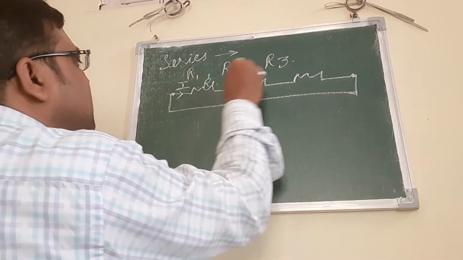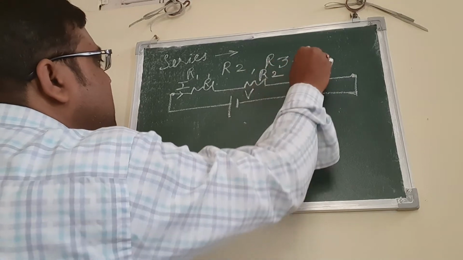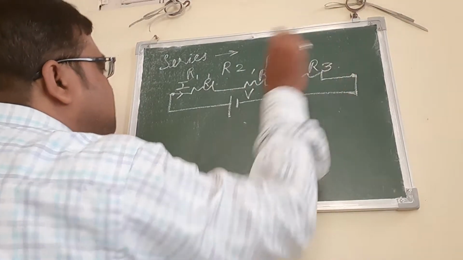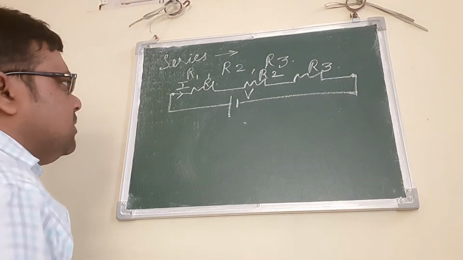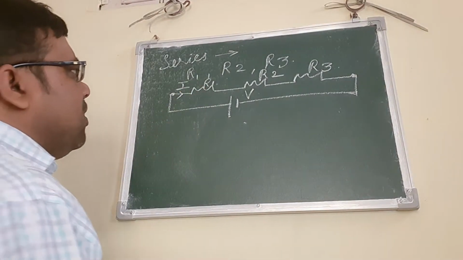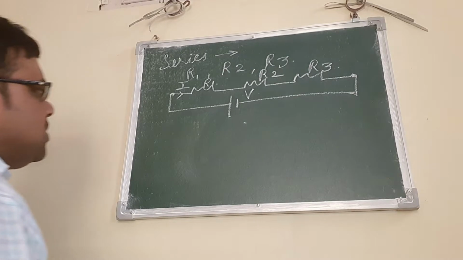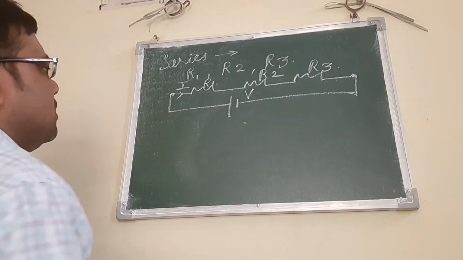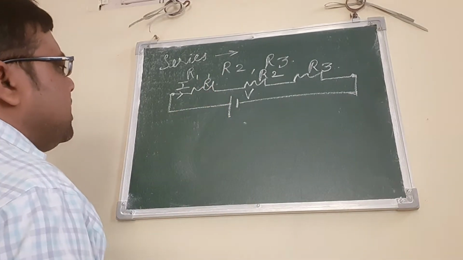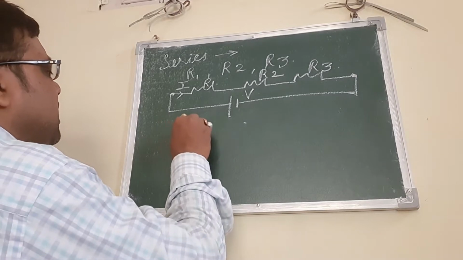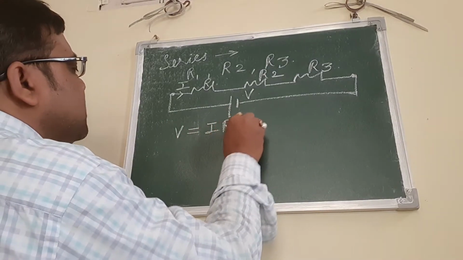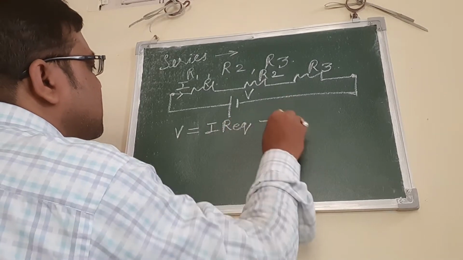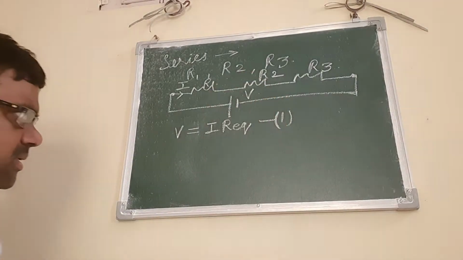This is R1, this is R2, this is R3. And now according to Ohm's law, the voltage V is equal to I R, where R is the equivalent resistance. This is our first equation.